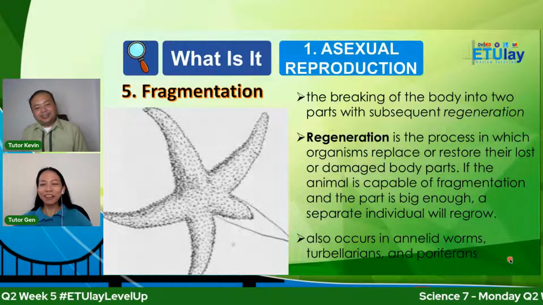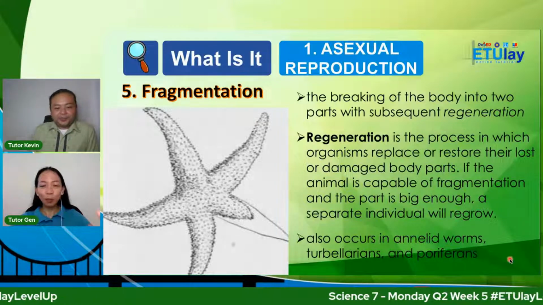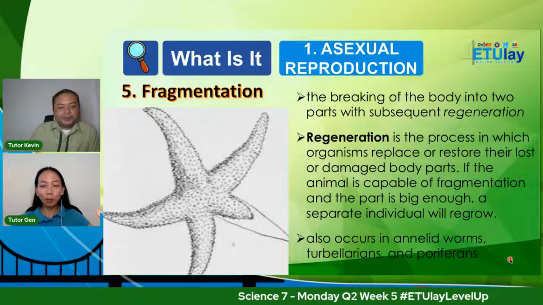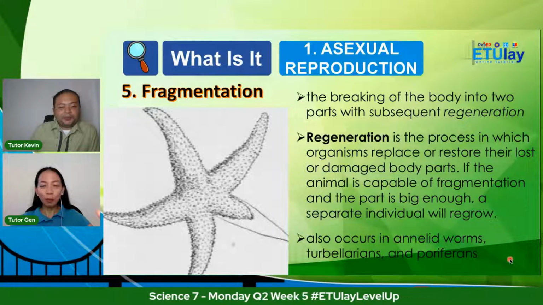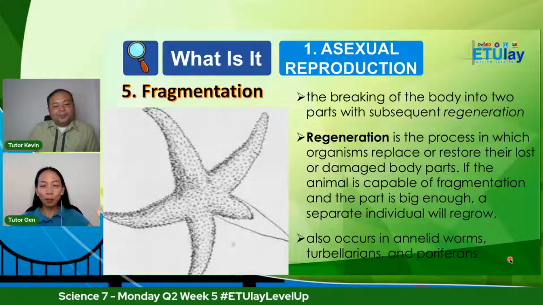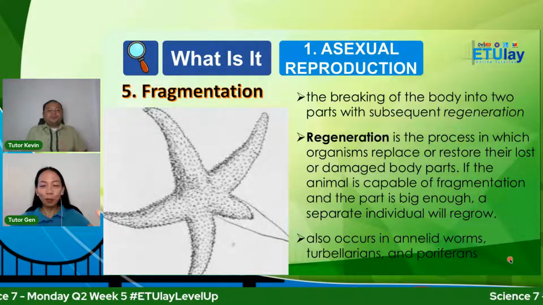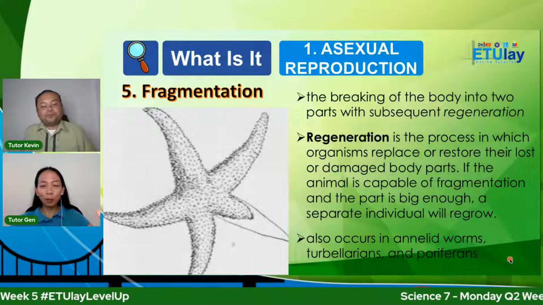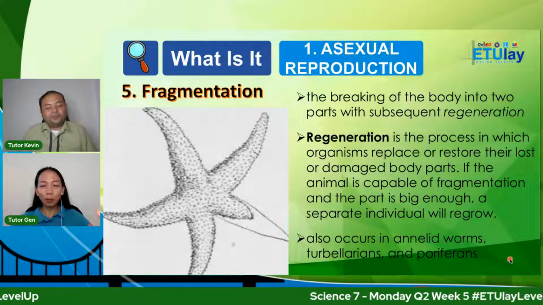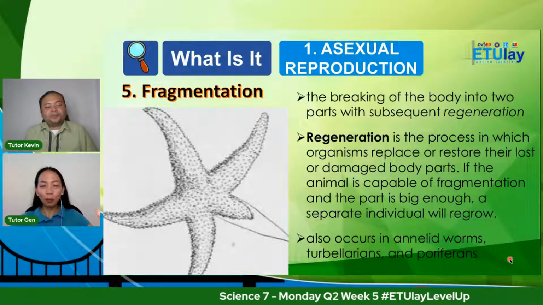Ayan. So we have 5 modes of asexual reproduction. This time, we have sexual reproduction.